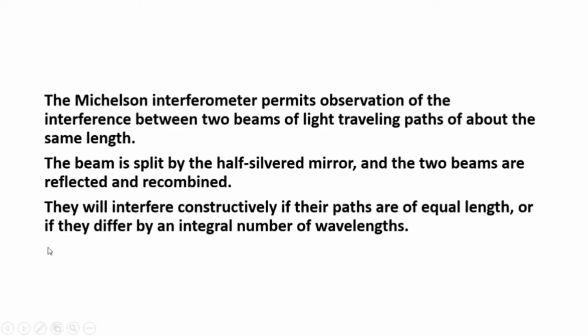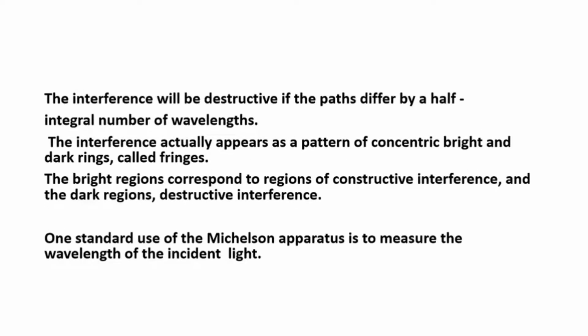The question arising here is whether the two rays coming towards the detector are constructively interfered or destructively interfered. The interference will be destructive if the paths differ by a half integral number of wavelengths.